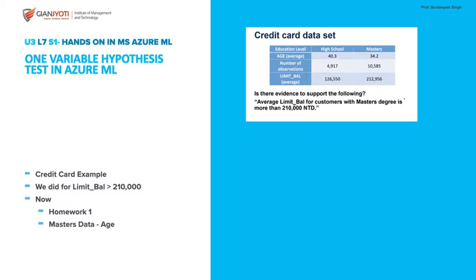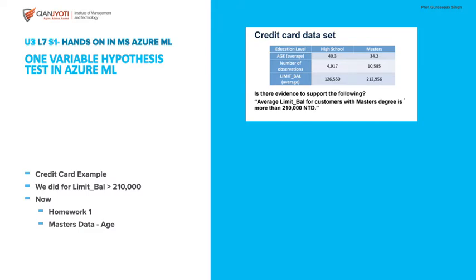So firstly, what we have done so far in Azure ML was taking this credit card data set where we have segregated the data for high school and masters using the SQL queries. And we had seen the age for high school has been 40.3, and there are around 4,917 records with us who have high school education, and the limit balance on the average, the mean, is 1,26,550.